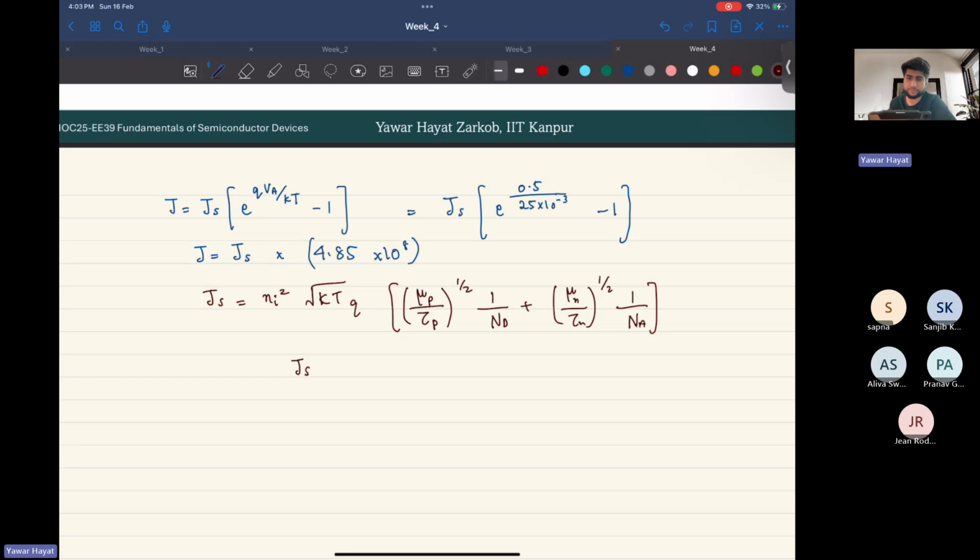All the quantities are given in the question, and we can obtain Js as 130.50 times 10 to the power minus 11 ampere per centimeter square. That is your Js.